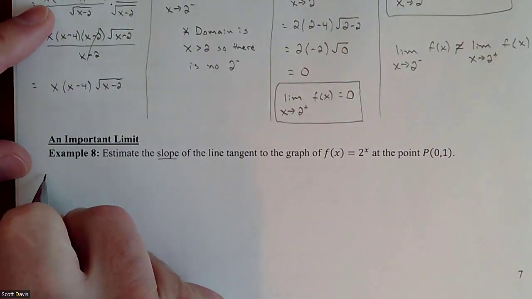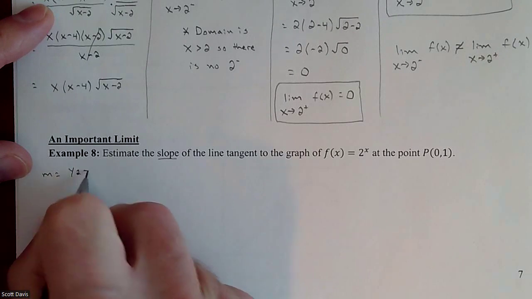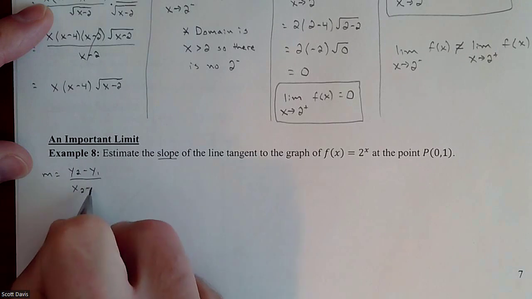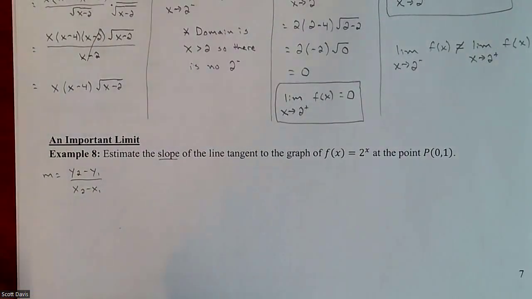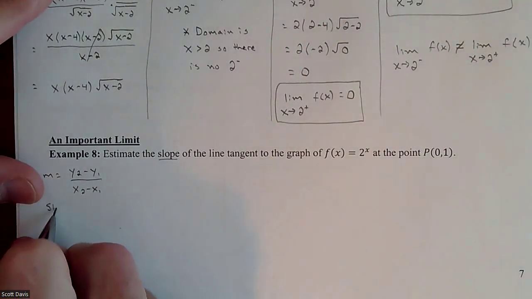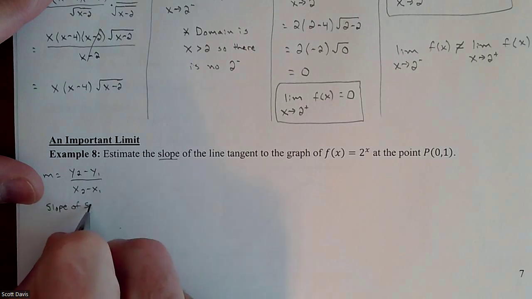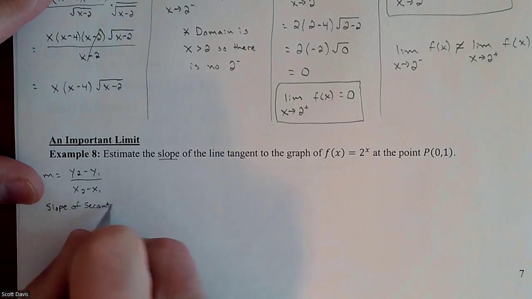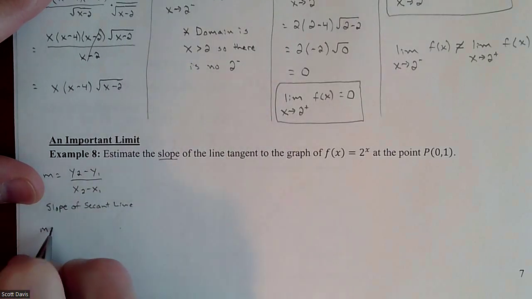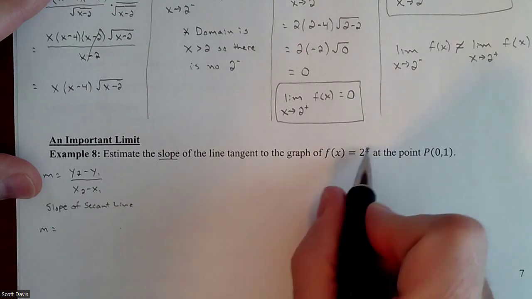So let's first start to talk about the formula for the slope, which is y2 minus y1 divided by x2 minus x1. So the slope of our secant line is going to be our equation, so that's our y2.